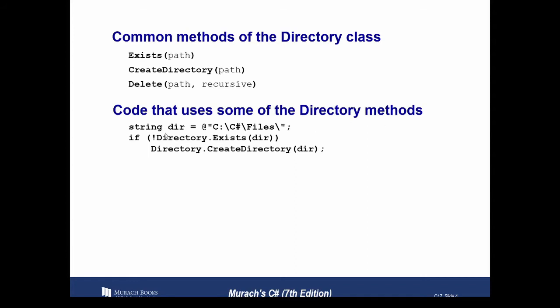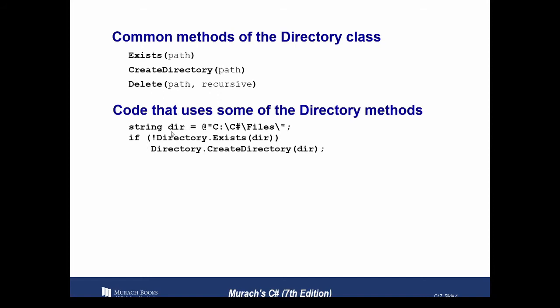These ones here are code that uses some of the directory methods. What's interesting about this particular one is that right now it is a string for a directory, and we've got this @ symbol here. We'll see that further when we get into the code, but we're using the @ symbol and then we get into the quotations. Then we can do this if statement.